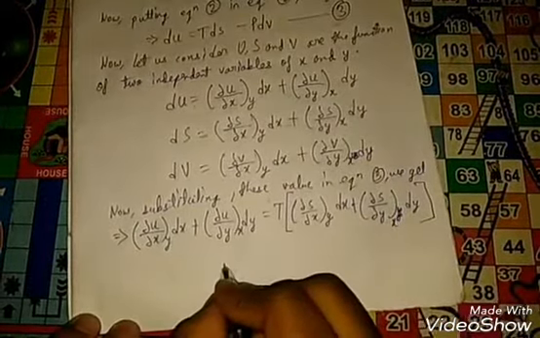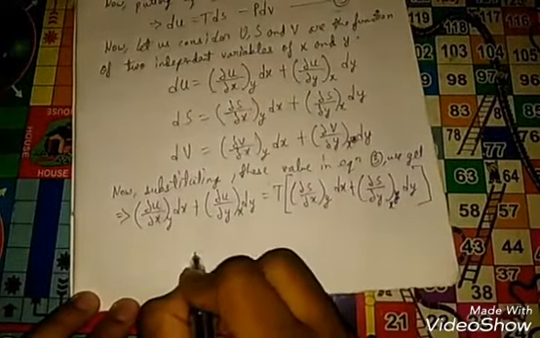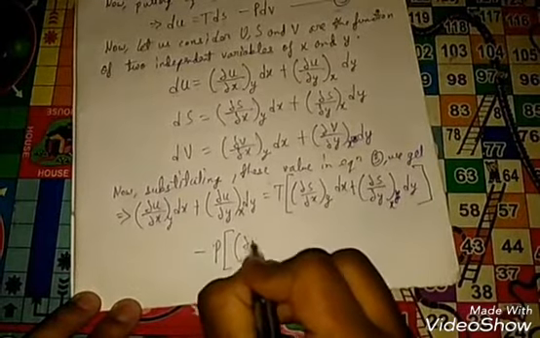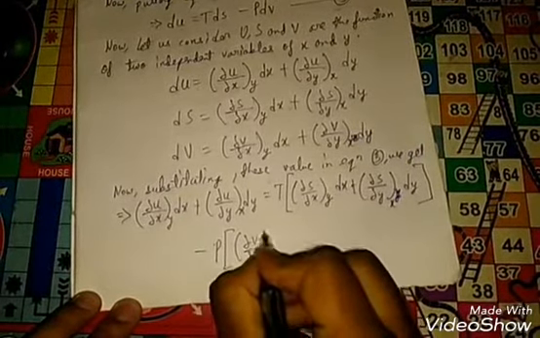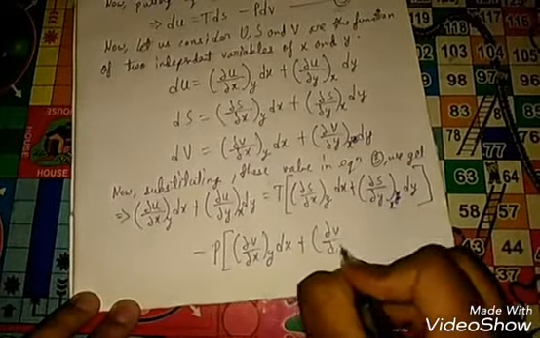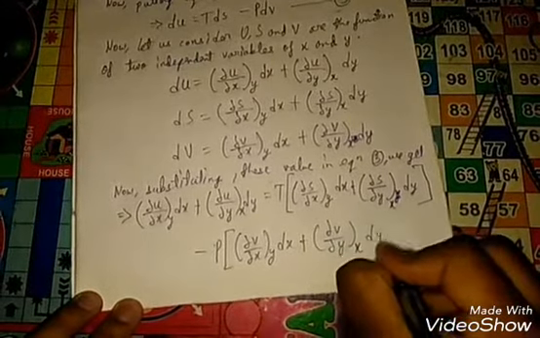Now for the second part, for minus pdv we write minus p times the bracket del v by del x keeping y constant dx plus del v by del y keeping x constant dy.